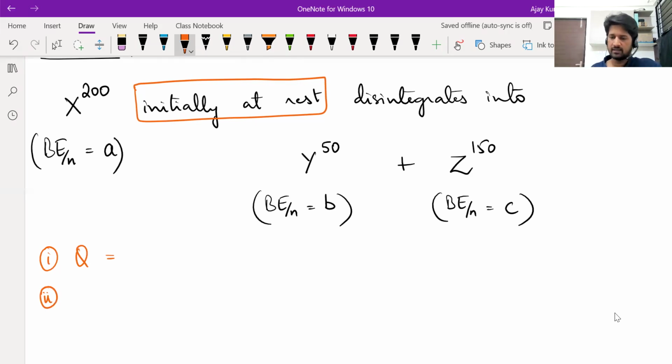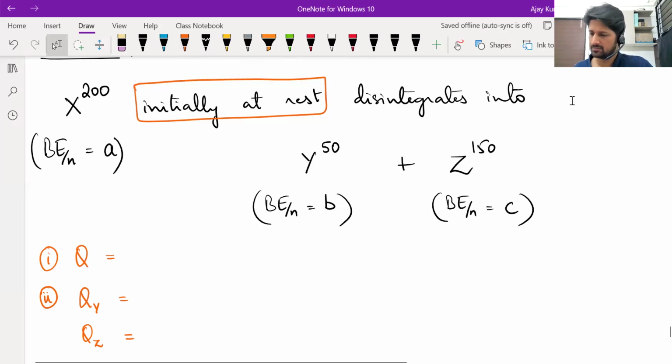And you know in a nuclear reaction, linear momentum is also conserved. So once you find out how much energy is released, tell me how much is the energy that Y has and how much is the energy that Z has. And once you know their individual energies, you can tell the individual speeds also. Okay, we'll get to that later. Solve this part first. I'll give you all 3 minutes.